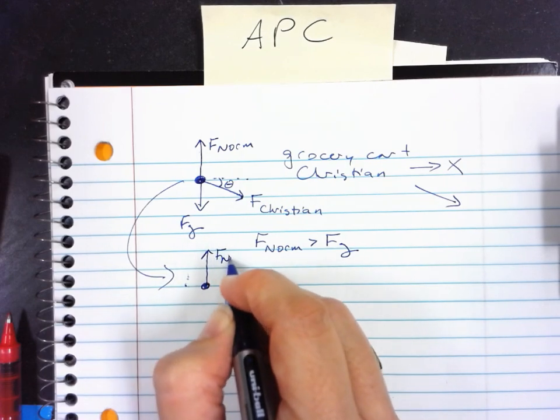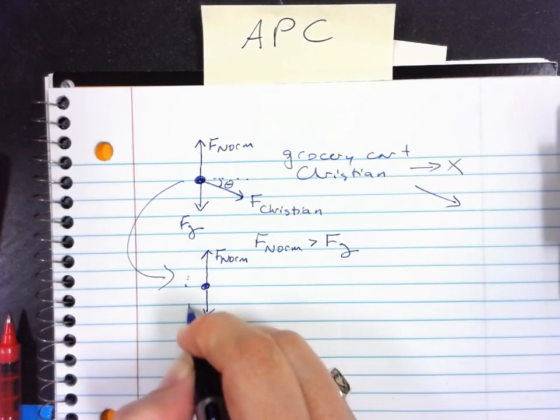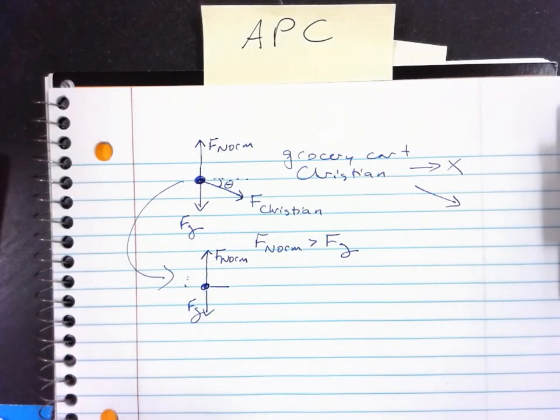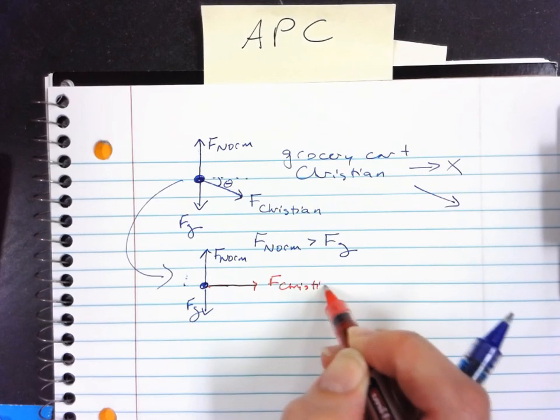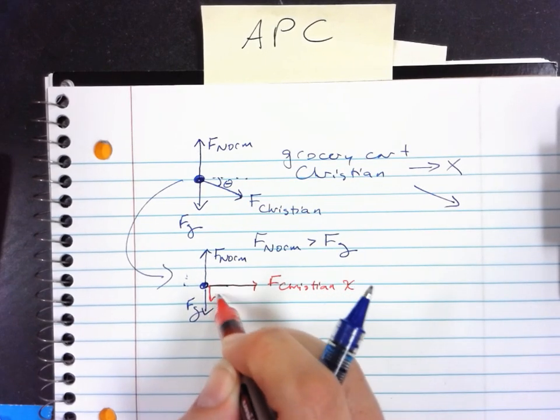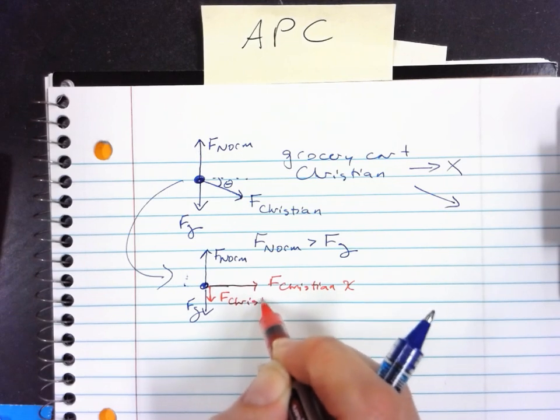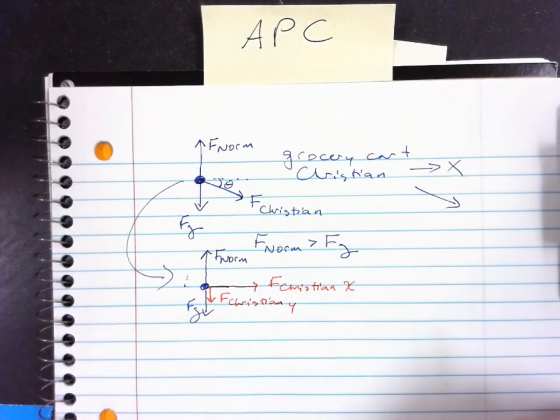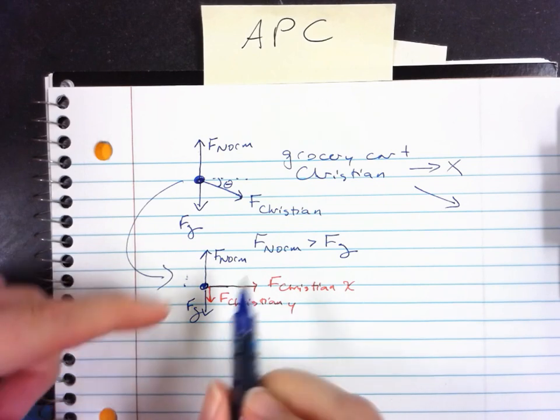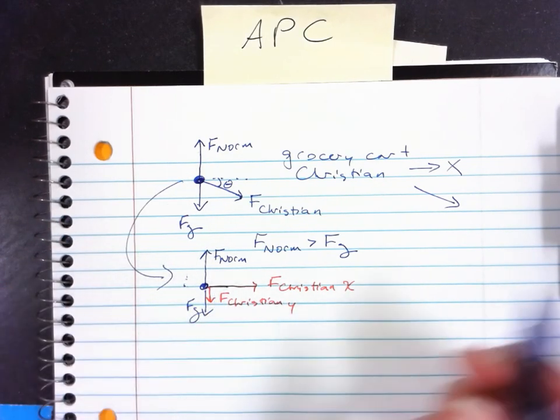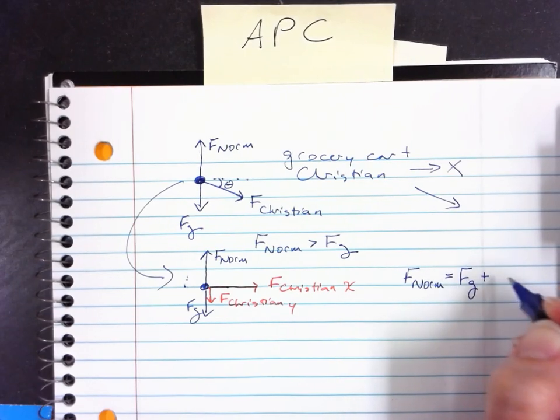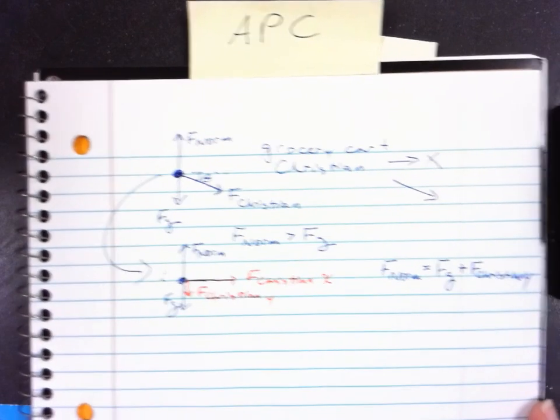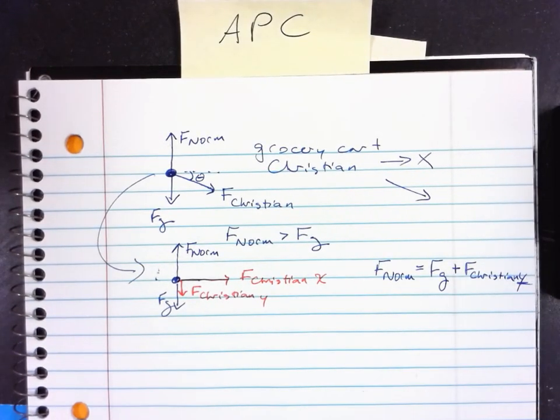So F norm, FG, oops, red, F Christian X, and F Christian Y. So our y's have to cancel, otherwise the shopping cart is floating up in the air or breaking the floor. So the normal force equals FG plus F Christian in the y direction, only in the y direction.